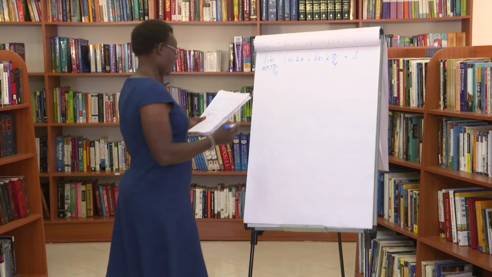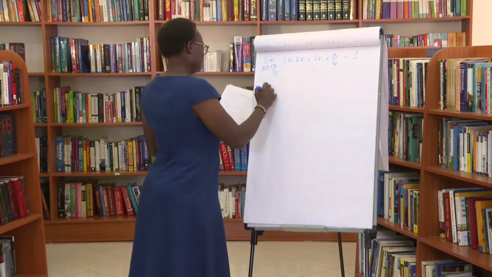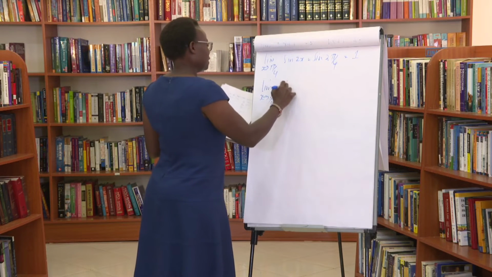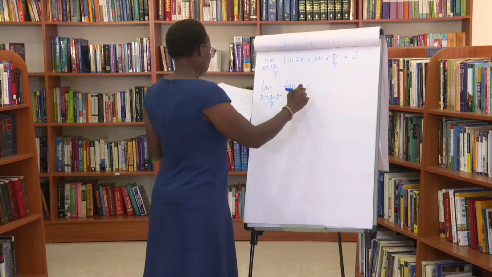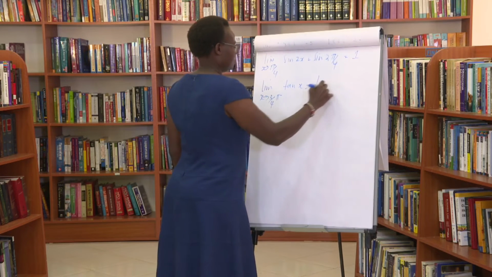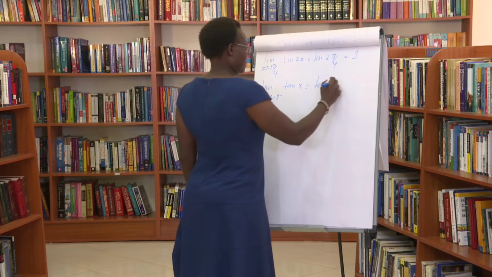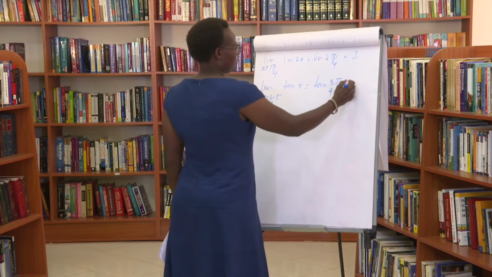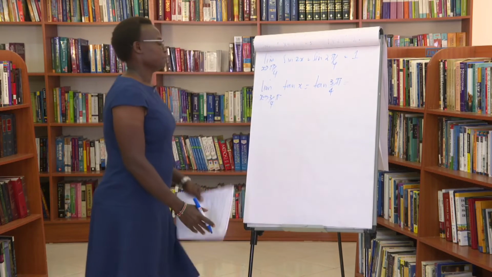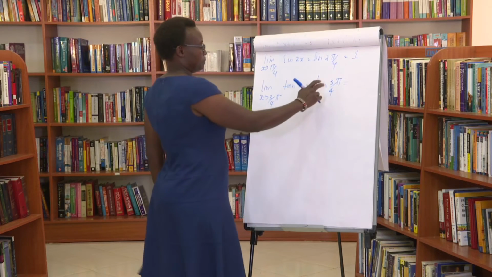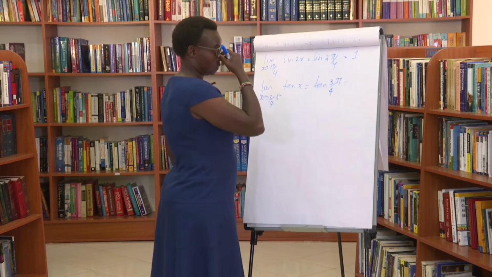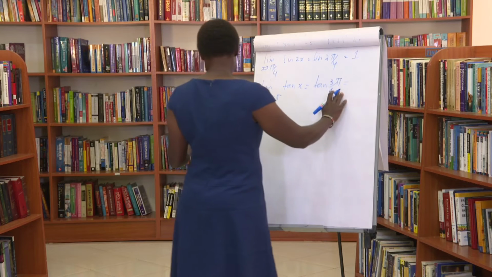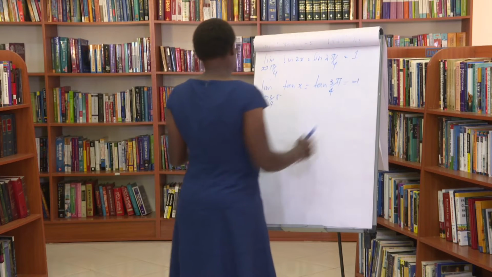And then our second example, the limit as x tends towards 3 over 4 pi of tan x. So this is tan of 3 over 4 pi. 3 over 4, I guess that is 135, that is 45 times 3, 135, and that should give us -1.